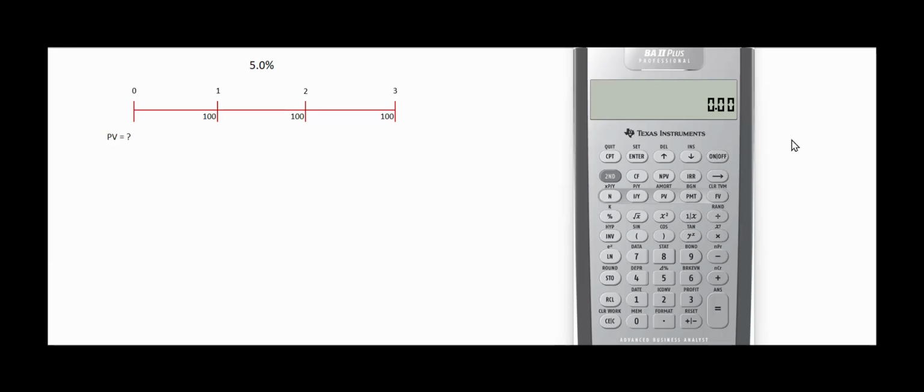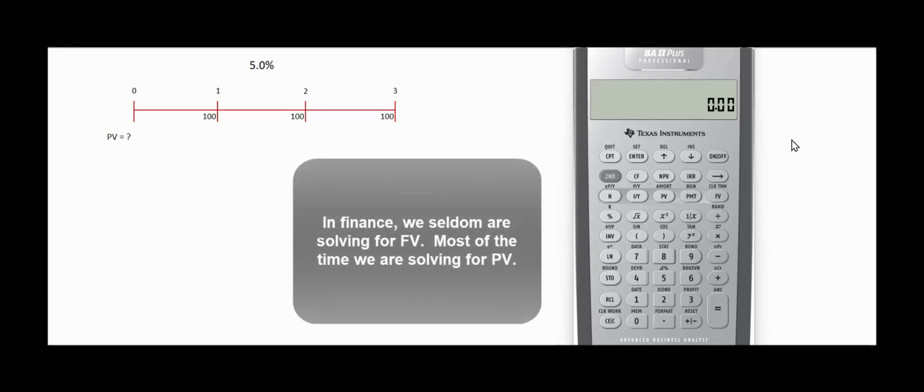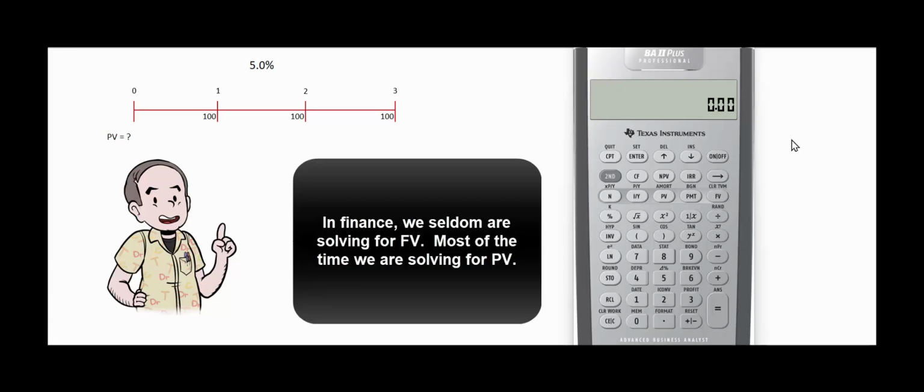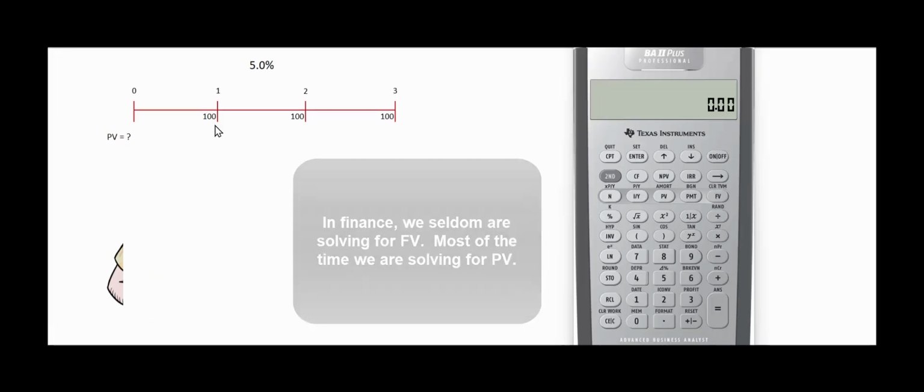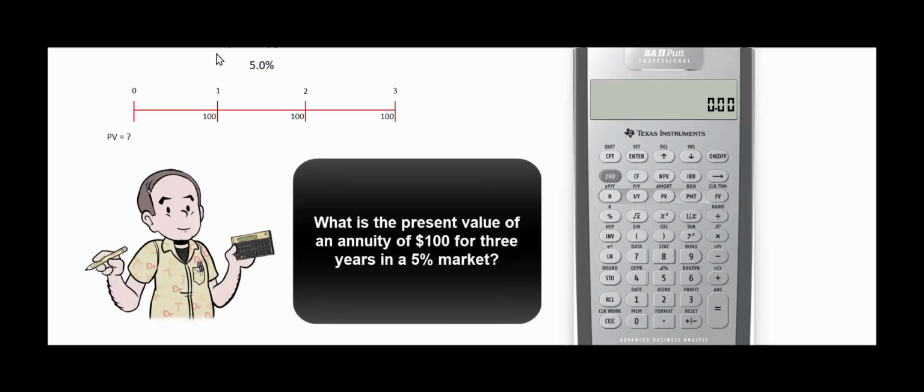All right, finding the future value of annuities is fun, but in my entire career, I've never once had to find that. We're almost always in finance looking at the present value. What are future cash flows worth today? So let's have that annuity of $100 per year for 3 years in a 5% market, and let's find the present value of that.